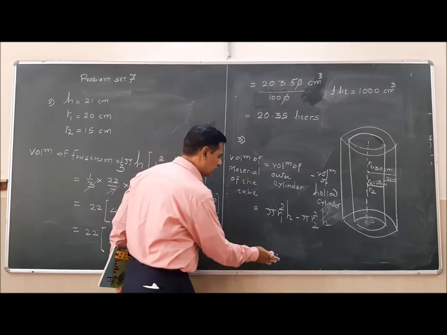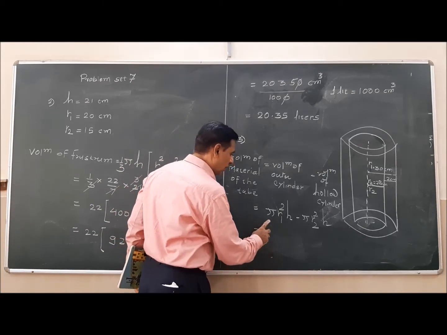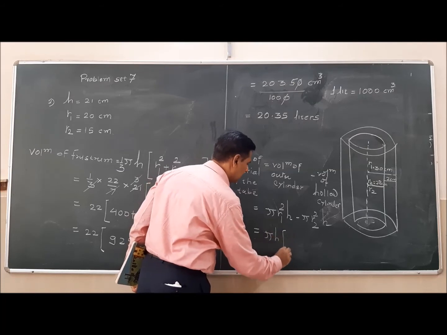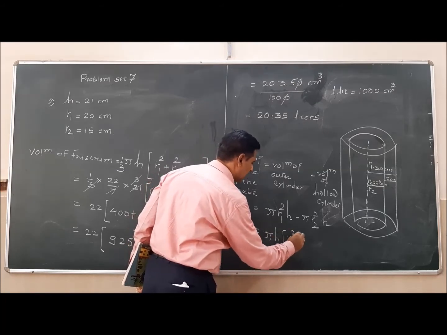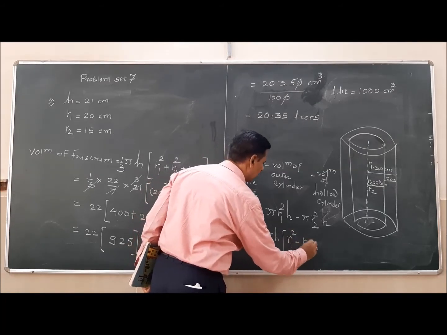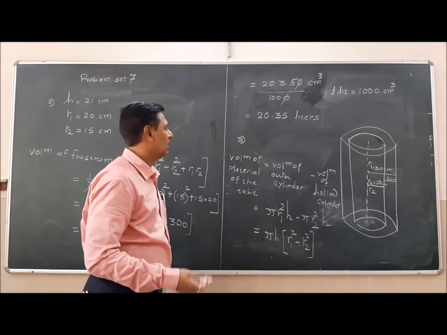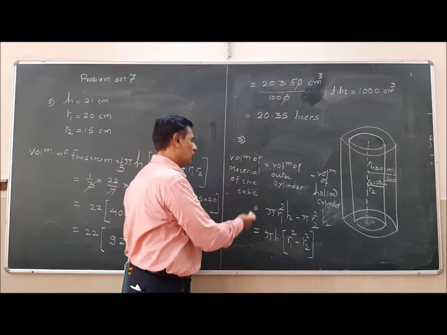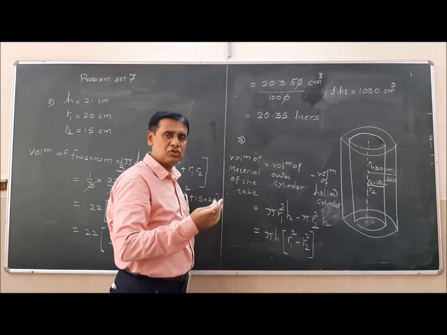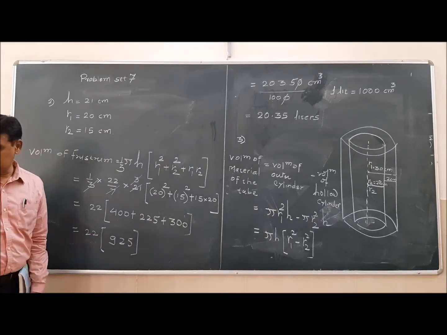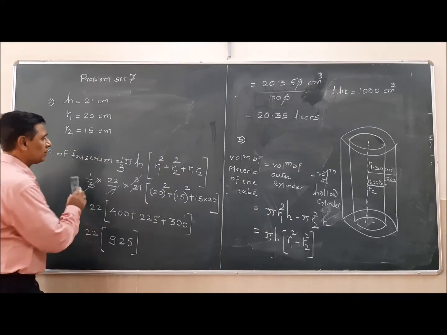Now you notice one thing. Pi h is common, so I'm going to take pi h as common. So I'll get r1 square minus r2 square. What I'm going to find out first is the volume of the material of the tube. Now I can substitute the values very easily.